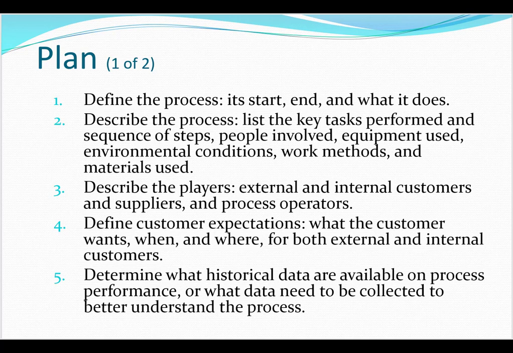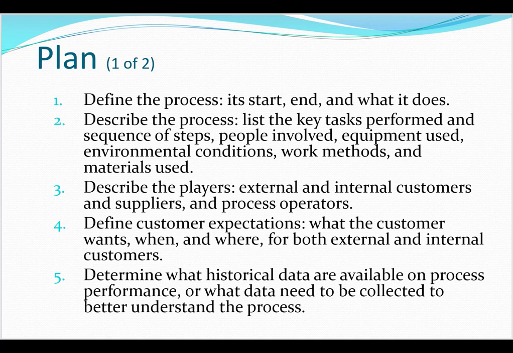You must describe the process, all of its key people, what it does, all the steps in it, equipment used in it, any conditions that must not be violated when you run the process, work methods, materials used, etc. You must describe the players in the process who are both the internal and external customers of it, and who also are the operators in it.